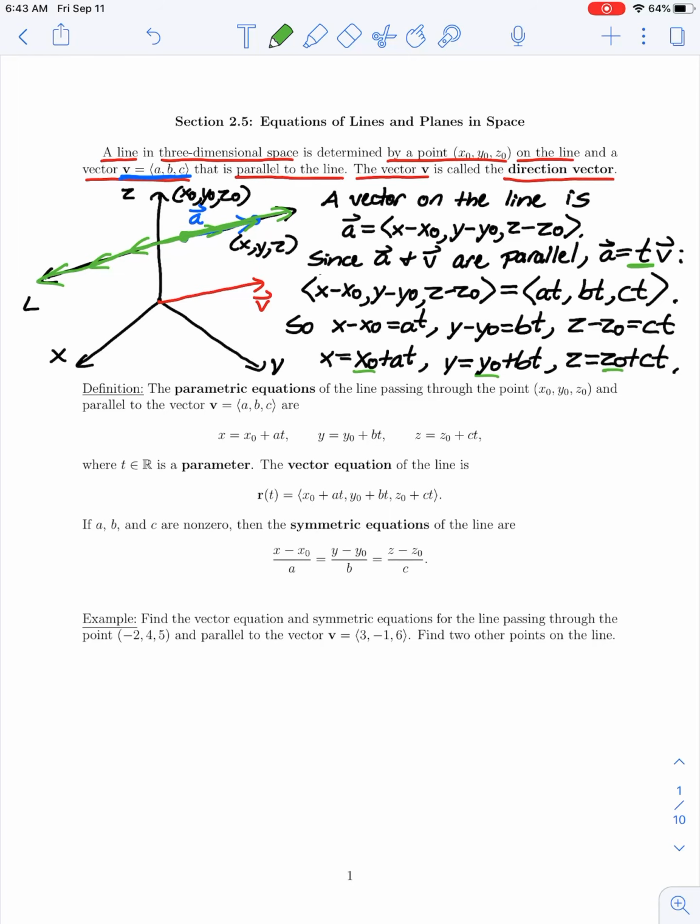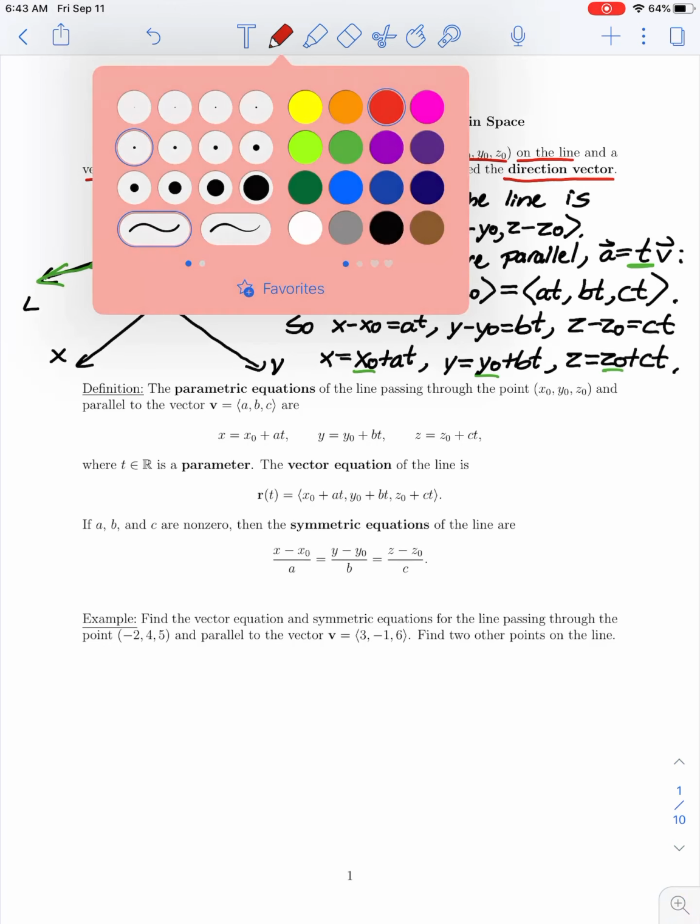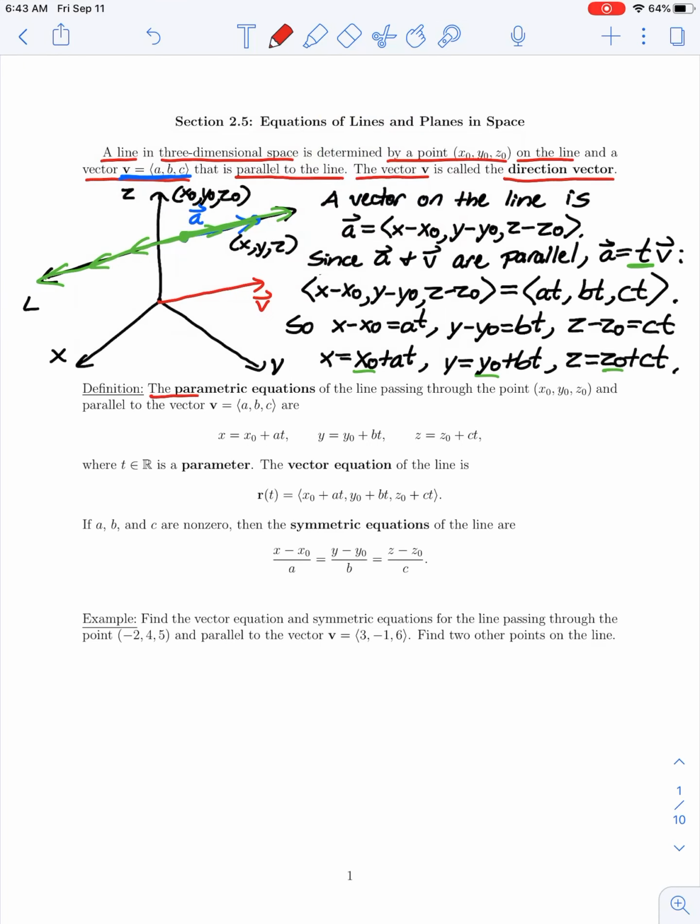This set of three equations, which define points on the line, are called the parametric equations for the line passing through the point x naught, y naught, z naught, and parallel to a vector ABC. So these three equations are: x is x naught plus at, y is y naught plus bt, and z is z naught plus ct.